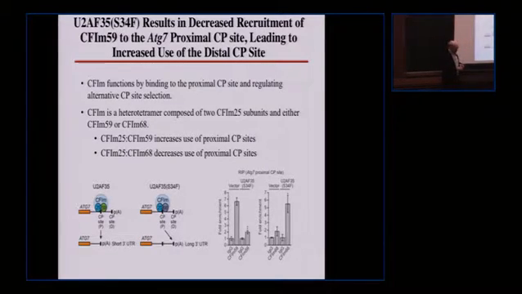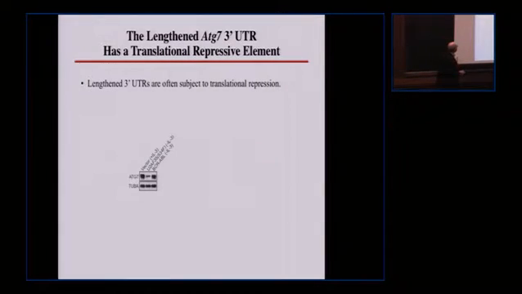Okay, so why does use of the distal ATG7 site transform cells? If you use a distal CP site, you'll have a long 3' UTR, and in many cases it's been shown that long 3' UTRs harbor translational repressive elements. So that caused us to look at ATG7 protein levels, and here we're doing so by immunoblotting.